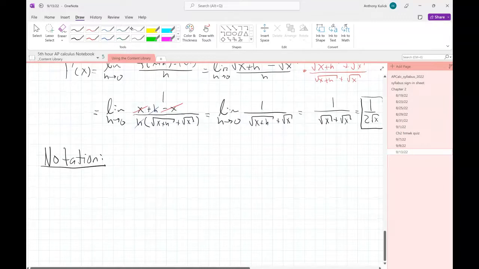Yeah, it's ostensibly the same thing. The difference is that I returned a function in terms of x, like I have now f prime of x, which is a small detail, but it is the exact same process.